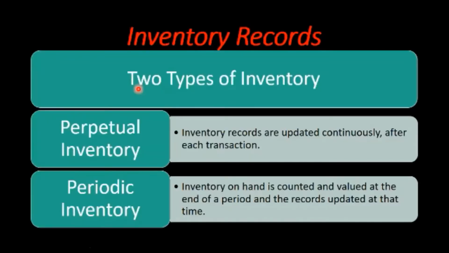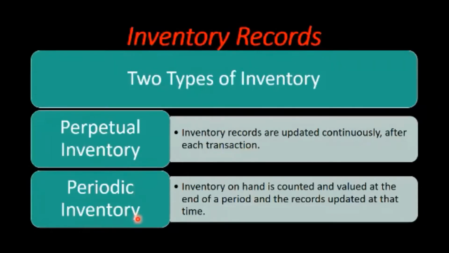First, we will look at the inventory records. We have two types of records, perpetual records and periodic records. The perpetual inventory records are those that are updated continuously after each transaction.